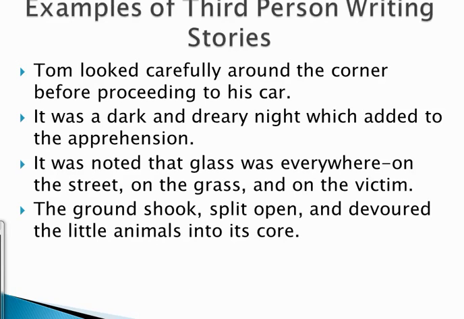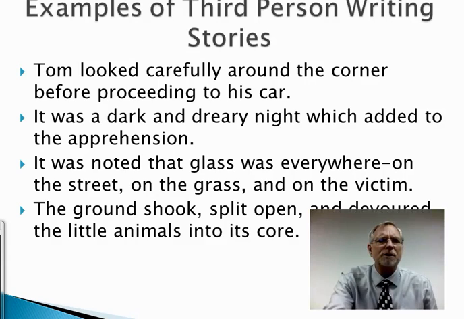Let's look at some examples of good third-person writing in stories. Tom looked carefully around the corner before proceeding to his car. Instead of using first person, my name's Tom, I looked around the corner to see what was happening, we made it into a third-person sentence. It was a dark and dreary night, which added to the apprehension.